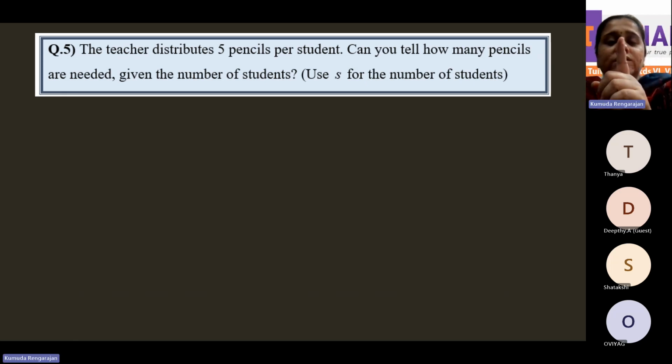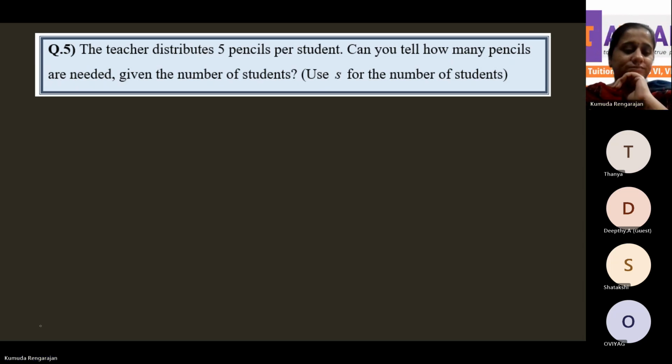So for one student, the teacher gives 5 pencils. So for S students, the teacher gives 5S, because the teacher gives 5 pencils for one student. So for S students, 5 into S, 5S pencils.